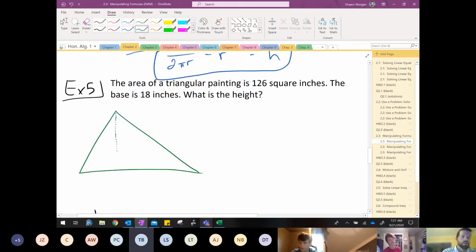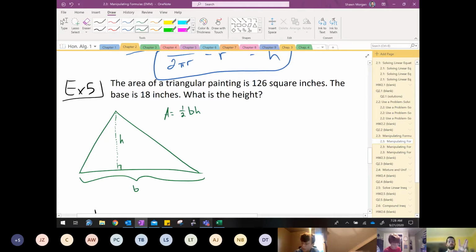In our prior knowledge, we've got this notion of the area formula for a triangle involving base and height, right? So area equals 1/2 base times height. All three of those things in the back of my mind should come onto my paper somehow or another.